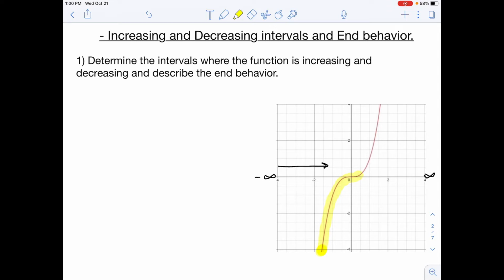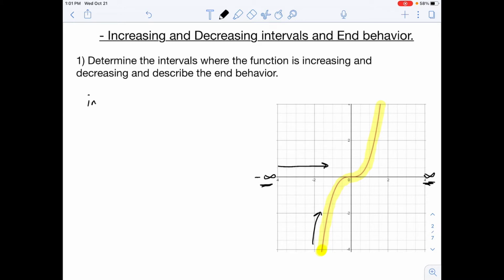Now still over here, it looks like I'm constant, but it's not. It's just increasing slowly, then it picks back up and increases. So as I go from negative infinity to infinity, this function is increasing throughout. It is never decreasing. This function is always increasing.